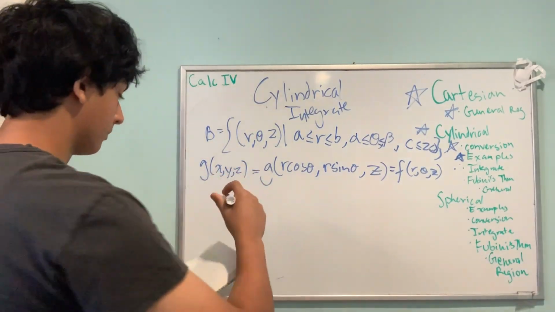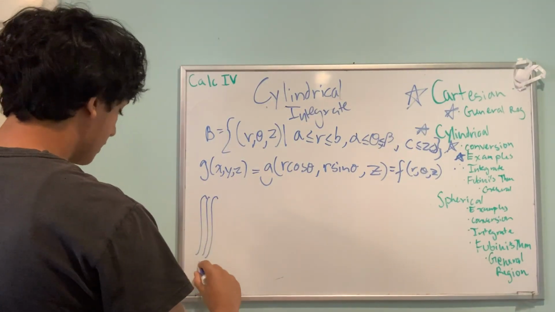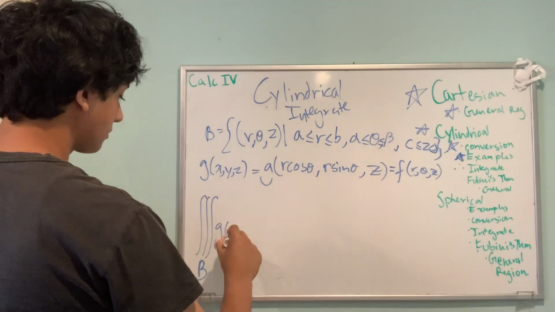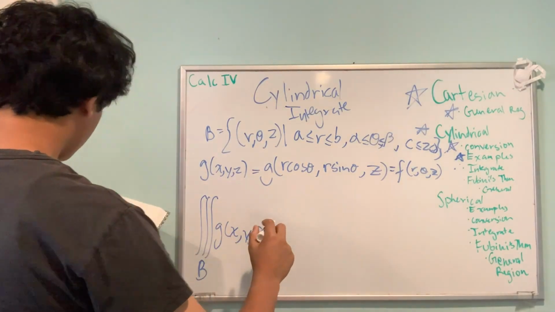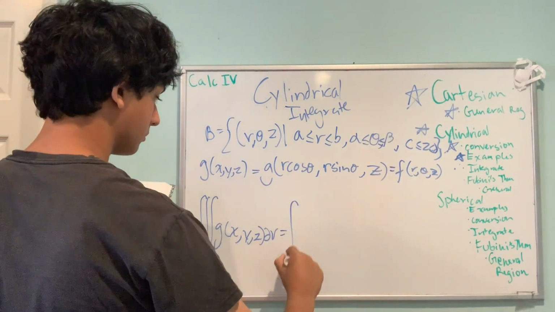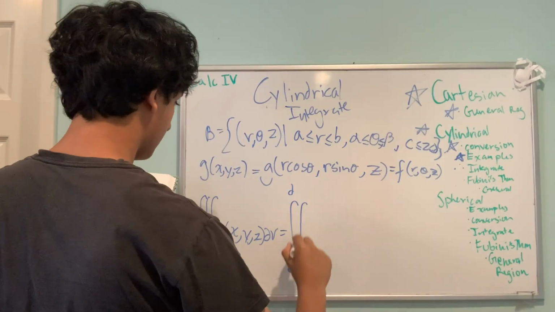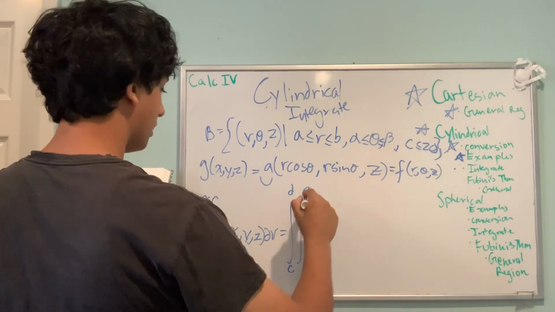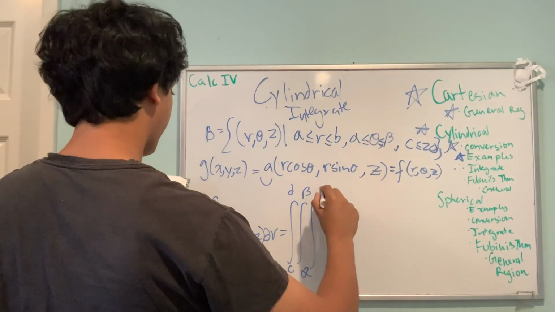Now, what does this mean for our Cartesian triple integral? What does it become? This is what it becomes. So start with our original. Then it becomes these: the bounds for z, bounds for theta, and finally our bounds for r.